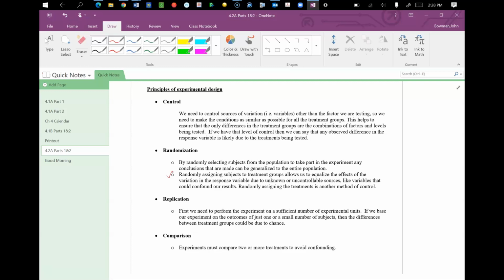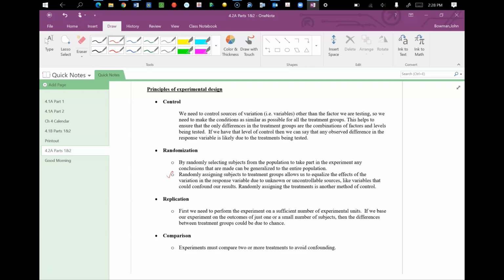The other aspect of randomization that we need to think about is the subjects that were used in the experiment. And this goes back to sampling, so to speak. If we randomly select subjects for our experiment from the population that we're interested in applying these results to, then in theory, if we come to some cause and effect conclusion with our experiment, we should be able to reasonably apply those conclusions to the entire population that we selected those subjects from, because they were randomly selected and they should be a good representation of the population.